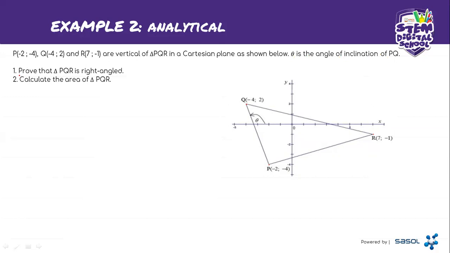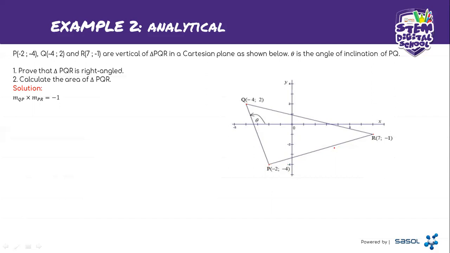Now the first question says, prove that triangle PQR is right angled. We have to prove this triangle is right angled, right? Let's see how we do that. First, we multiply the gradient of PQ and the gradient of PR.